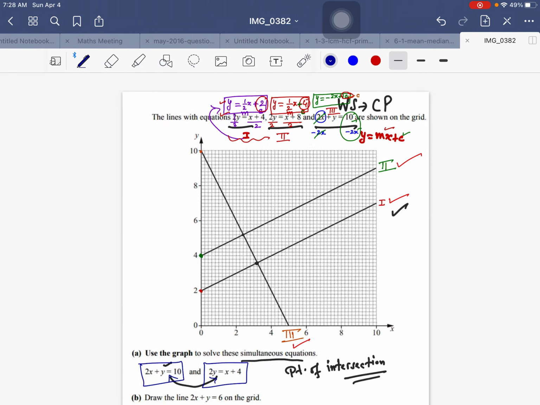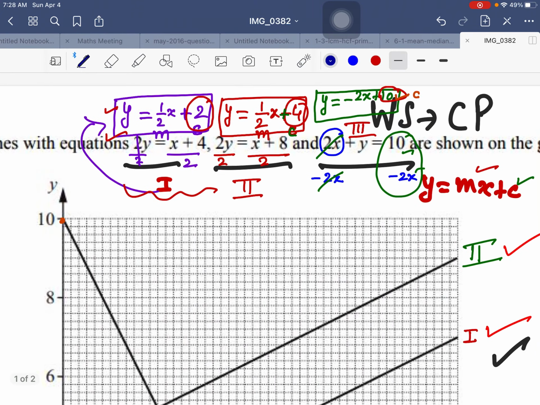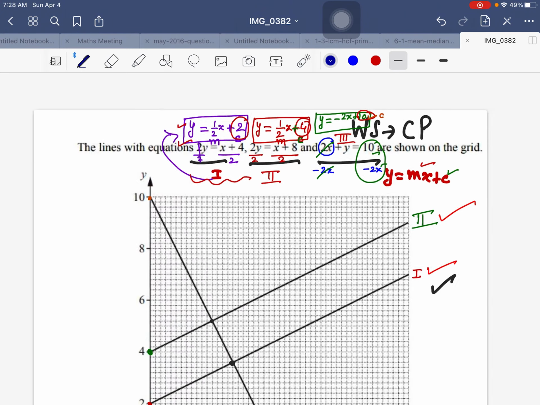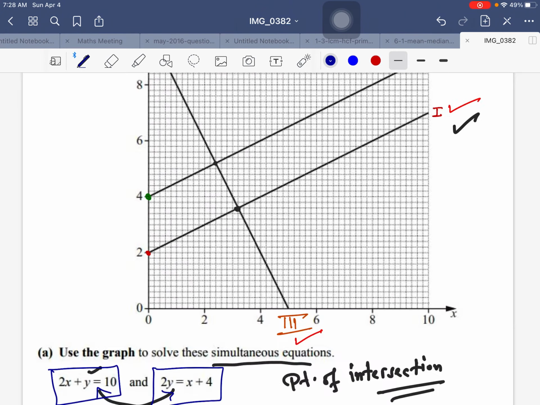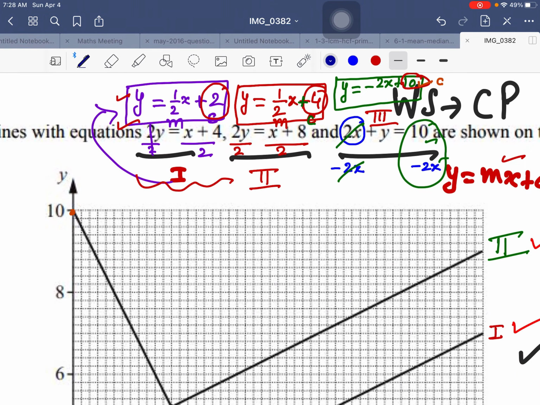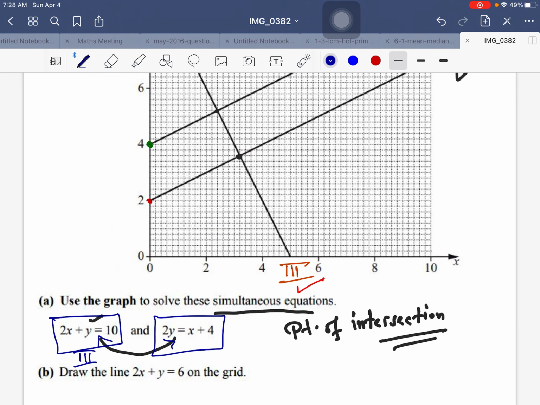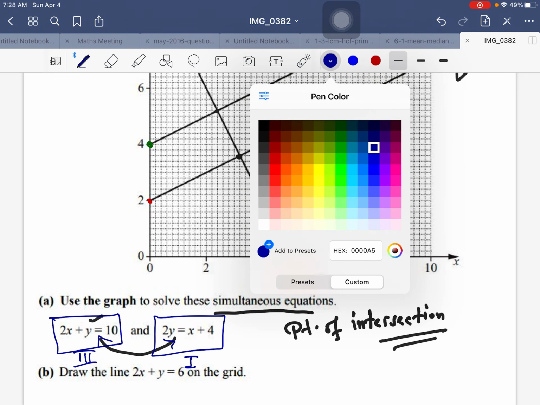First of all, 2x plus y equal to 10. 2x plus y equal to 10 is the third equation. So this is our third equation on the graph paper. 2y equal to x plus 4 is the first equation on the graph paper. I write here first, I write here third. Now everything is done on the graph paper.